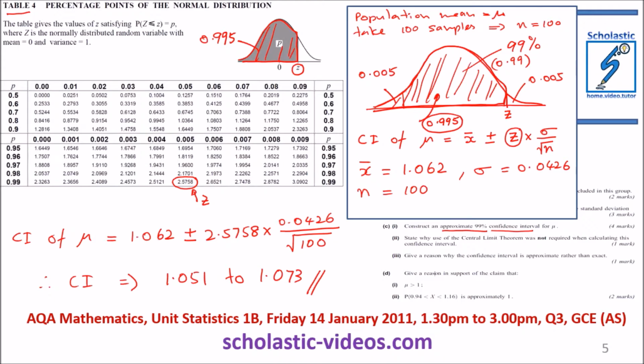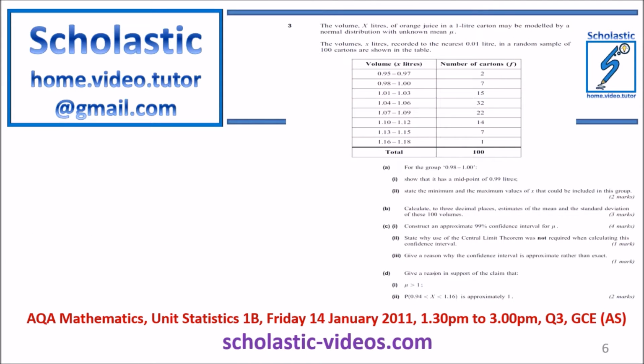So that is the 99% confidence interval of the population mu, because the population mu is unknown. So what you do is you take 100 samples and try to estimate what that can be. So this important equation here, you should remember. Use that equation to calculate the confidence interval. Okay, so I hope you got the point there. So let's go to the next section.